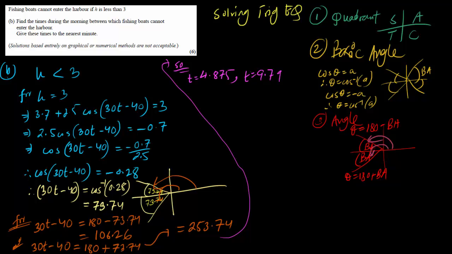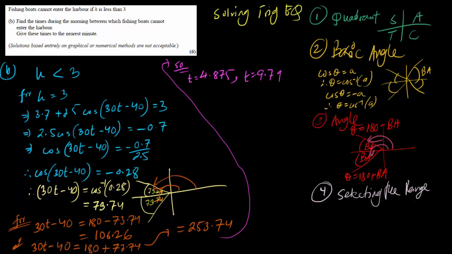Now one thing to remember is that step 4 is about selecting the range of values that is given. The first thing we do is we usually take the first revolution, 0 to 360 degrees.